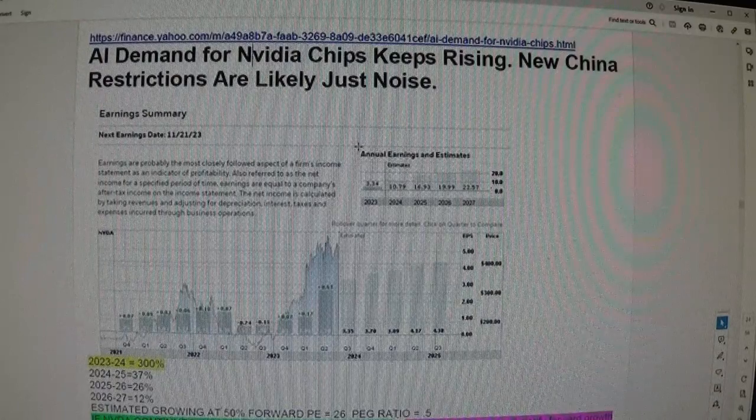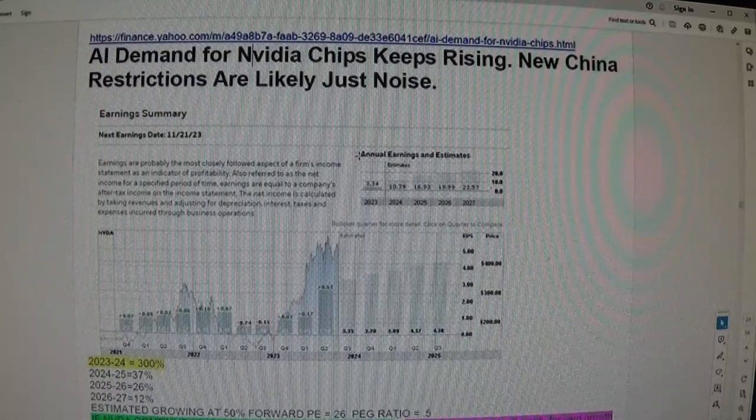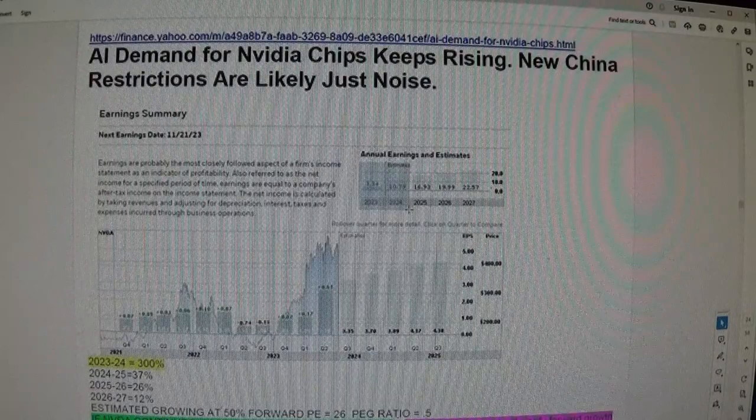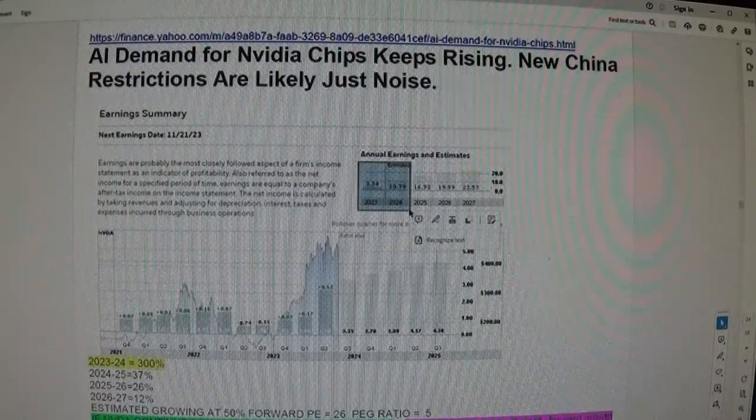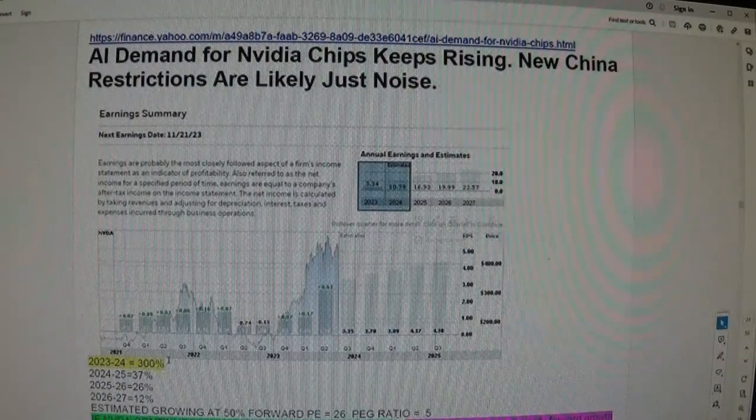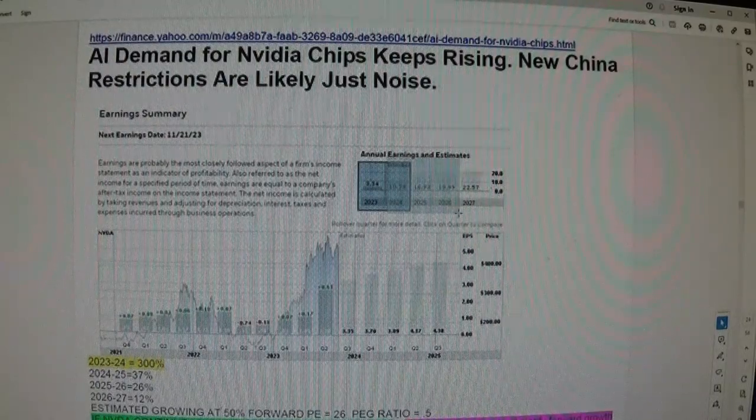The one interesting thing about NVIDIA is they have an insatiable demand for these AI chips right now. And you can see year over year, this year to next year, they're growing at 300%. That is just off the wall, amazing. But after that, it tails off to something like 30%, or 26% for the years after that.